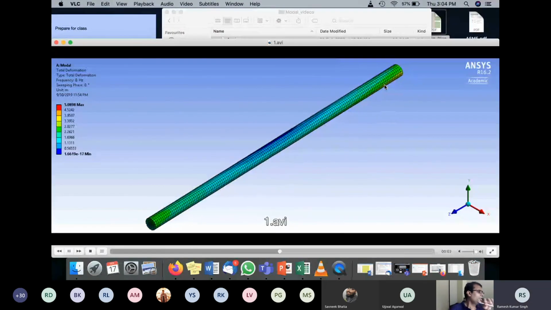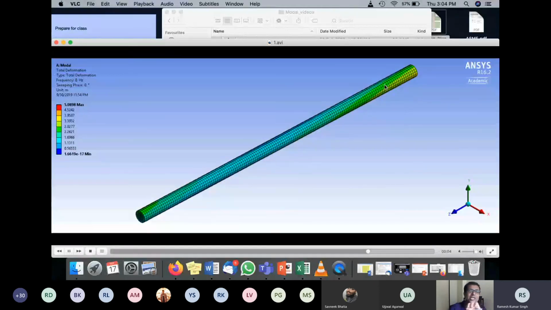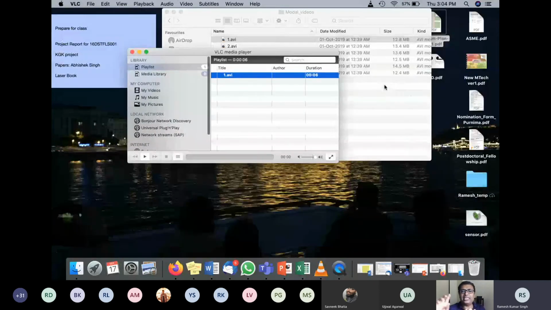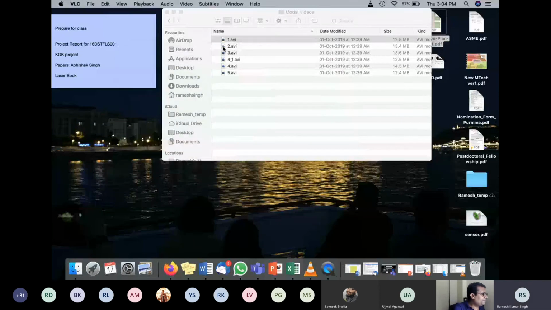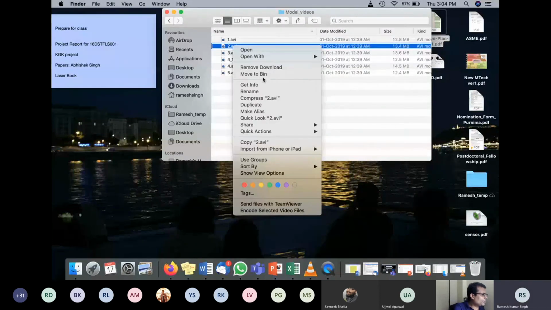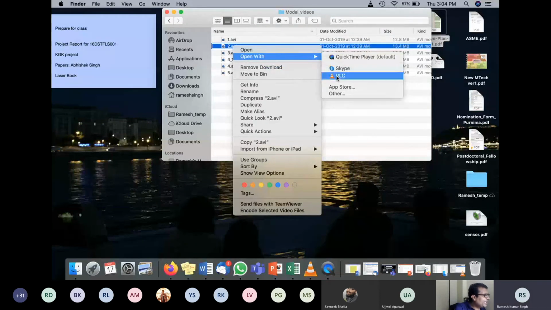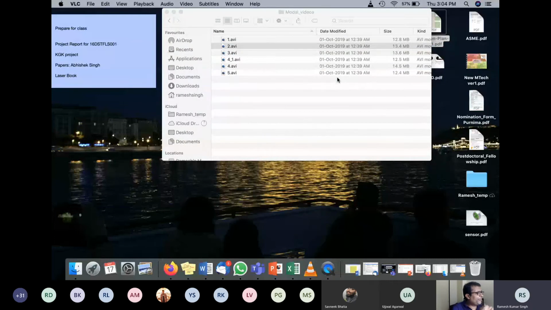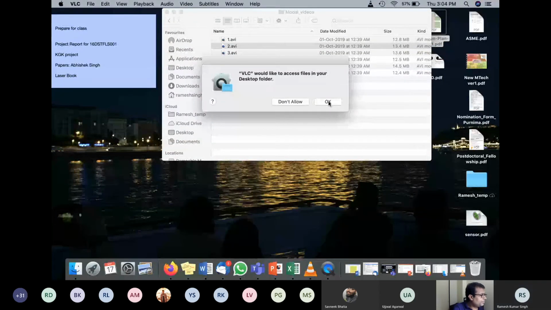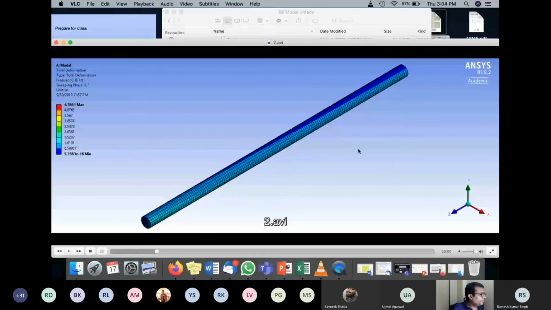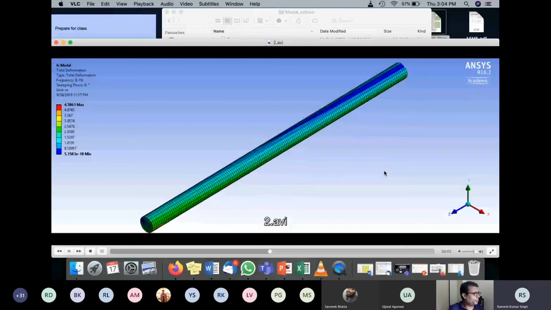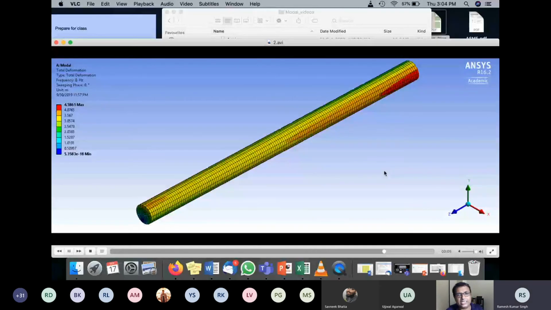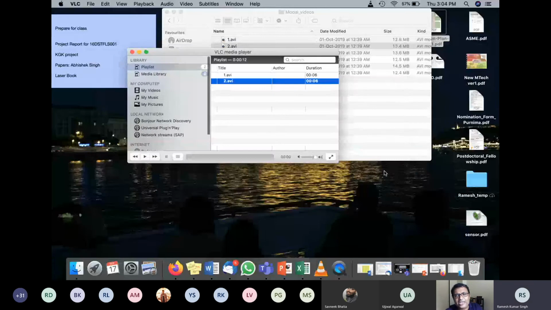So this is how the shaft will deform in the first mode. The second mode, if you see, will look something like this. So every mode will have a different type of deformation. See, this is mode 2. All these critical frequencies have a nature of how the shaft deforms.